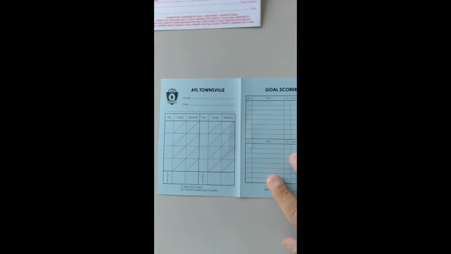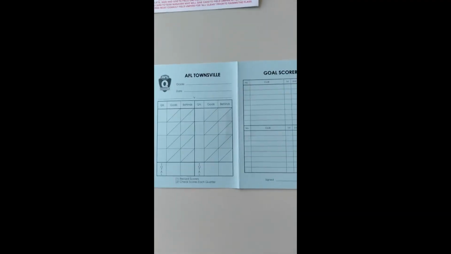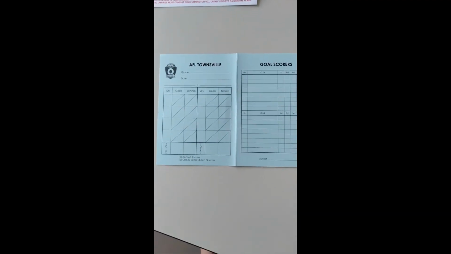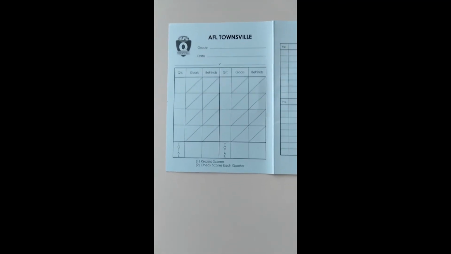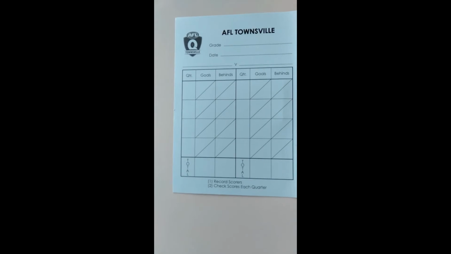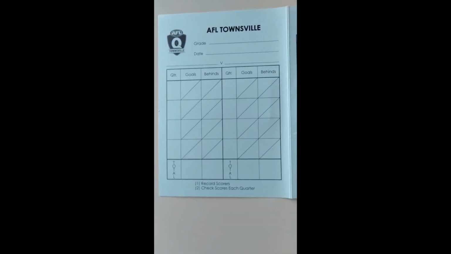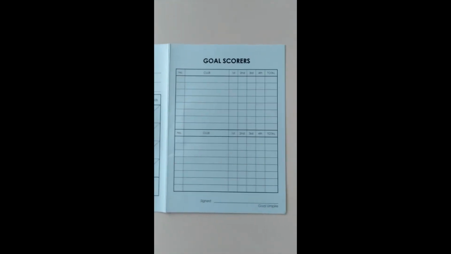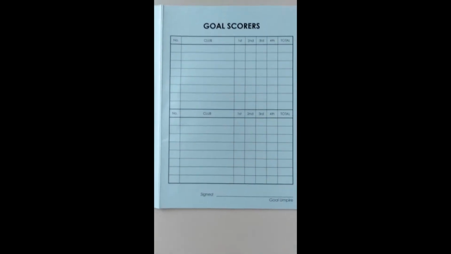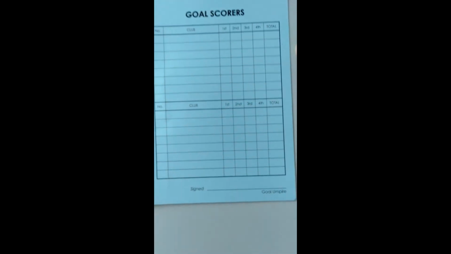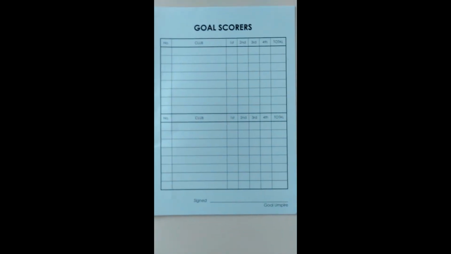And finally, here's my favourite card. It's from the Queensland state of Australia, specifically Townsville, and it has plenty of room on each square. It has a running total section on the bottom. It also has provision there to list the goal scorers, the club they're from, and their jumper numbers and what they've scored quarter to quarter.